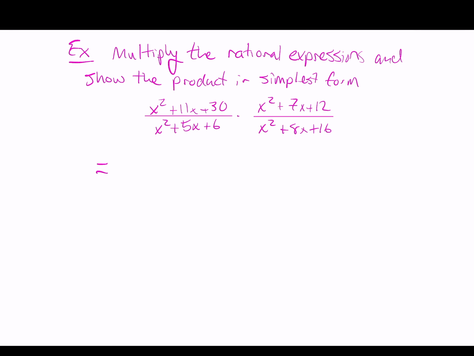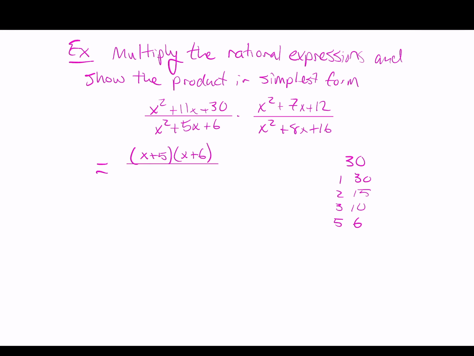What are the factors of 30 that when we add them we get 11? So let's try those out. So the factors of 30 are 1 and 30, 2 and 15, 3 and 10, 5 and 6. Okay, so the sum that we need is 5 and 6. So in the numerator, we'll have x plus 5, x plus 6.